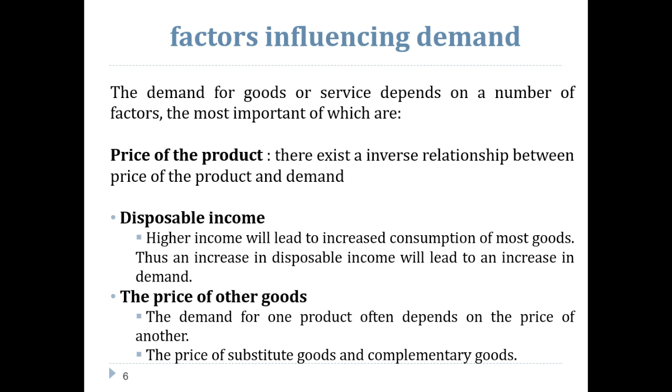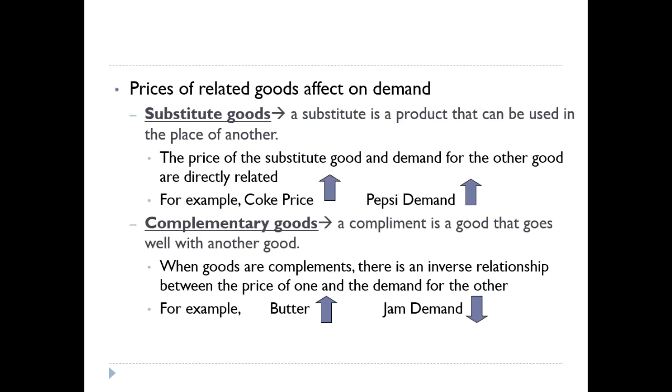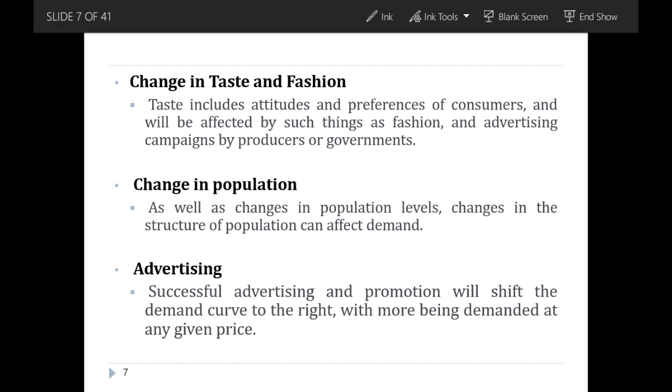Price of the product, disposable income, price of related commodities, and the next factor is taste and fashion. We know nowadays the fashion is changing every now and then, so it has an effect on demand, right?